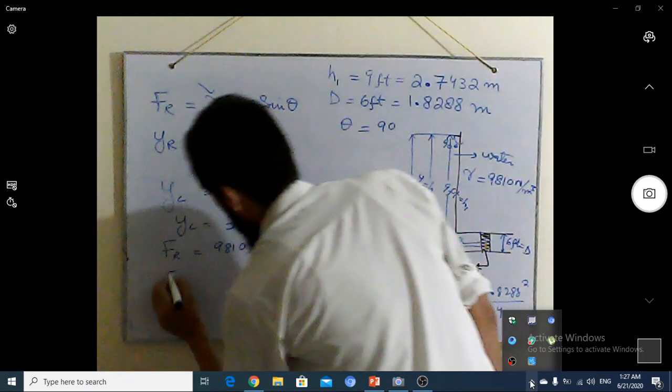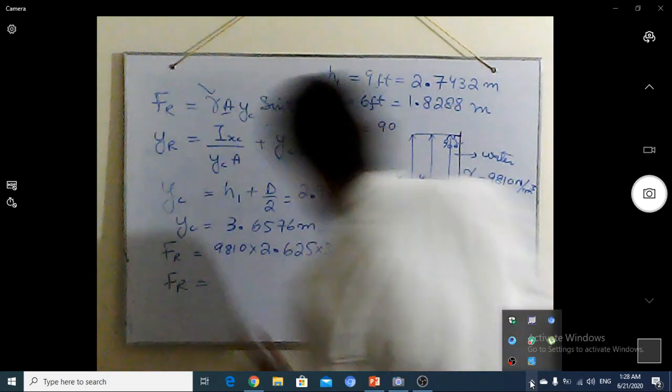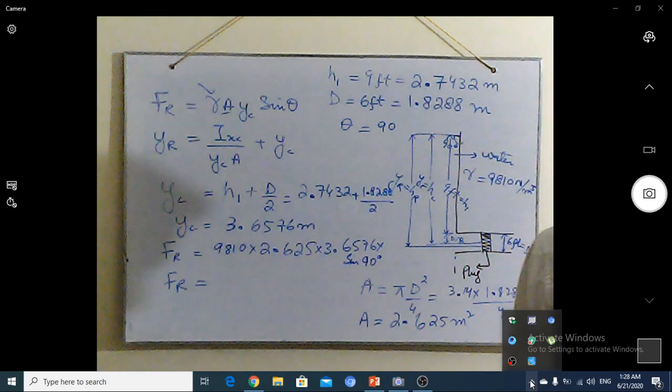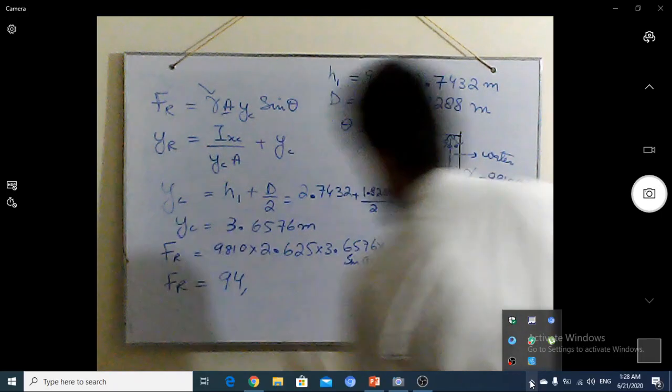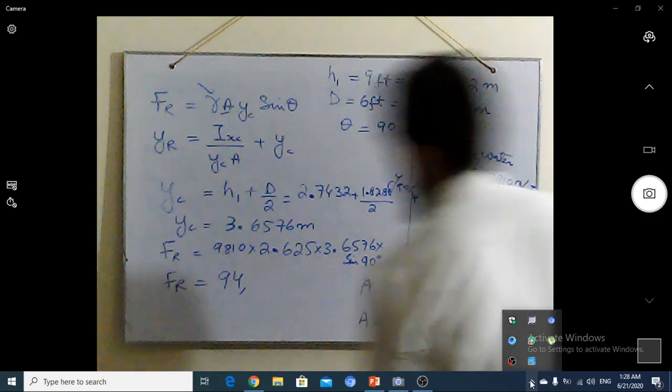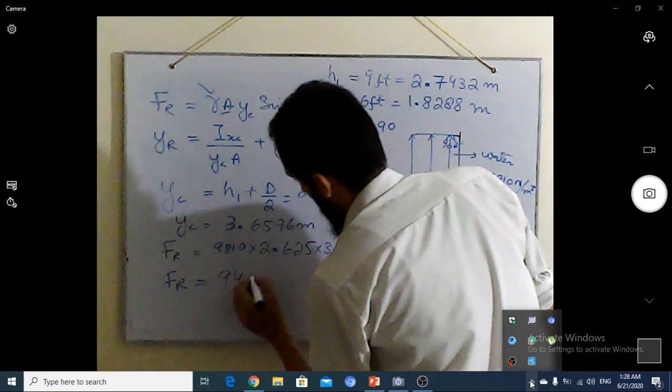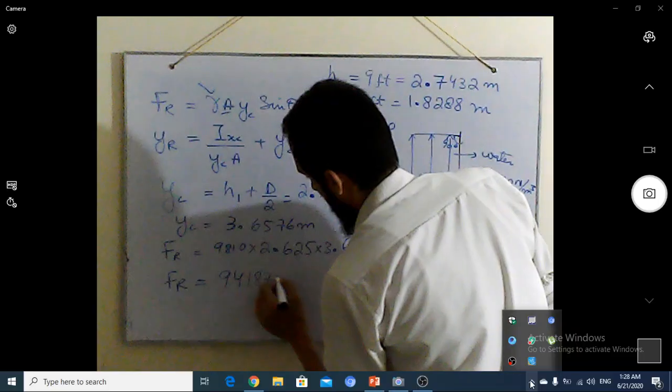So FR will be just equal to 94.187 newtons.